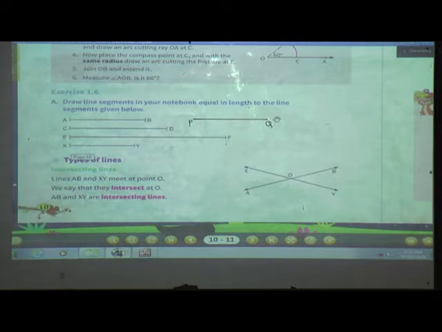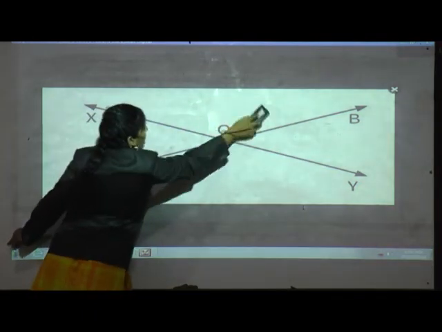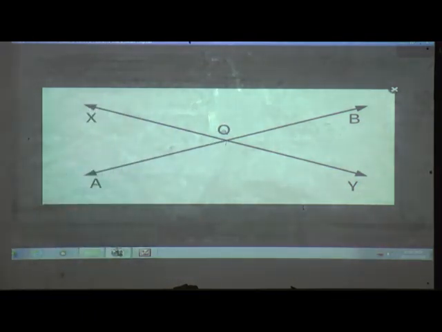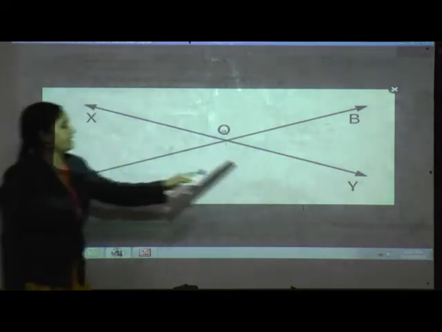So we'll start the next point, types of lines. See, types of lines. First one, intersecting lines. Here intersecting lines, line AB and XY. See, line AB and XY. Here are the two lines. First one is line AB and line XY.